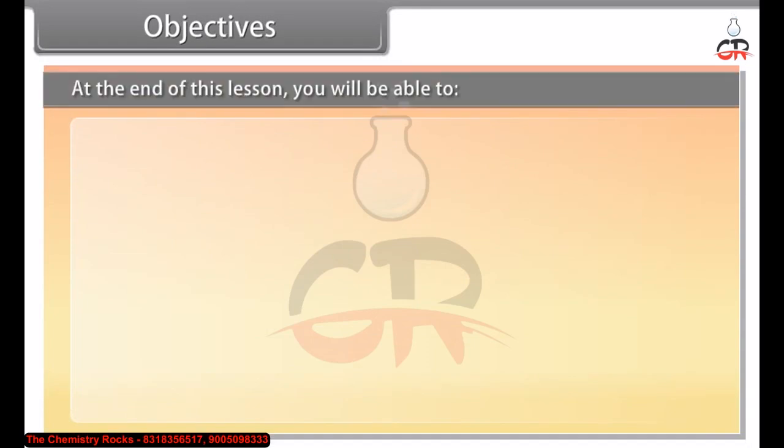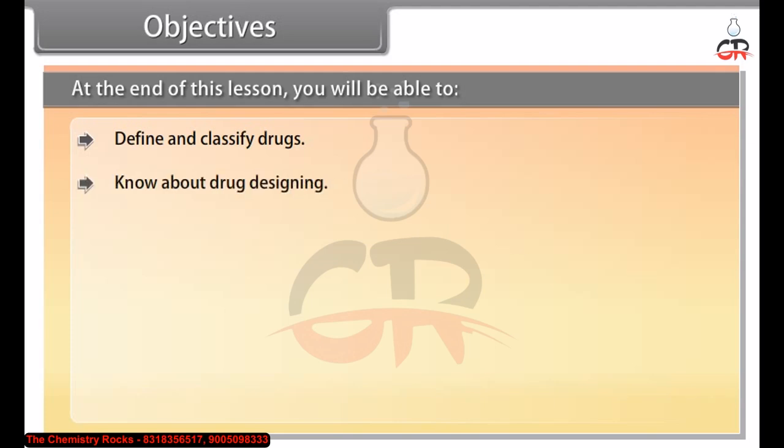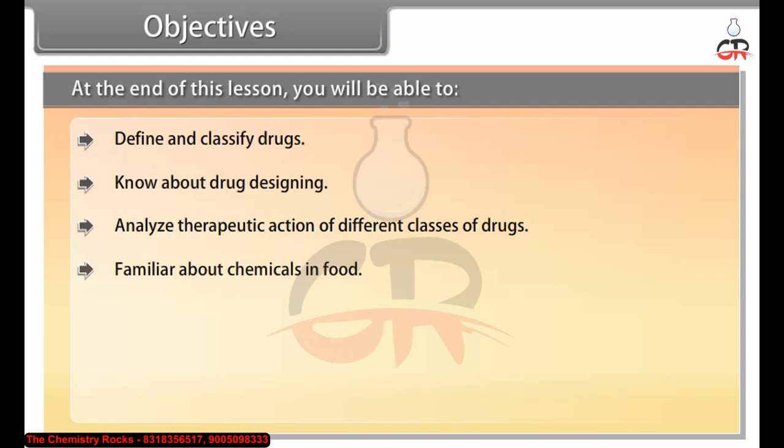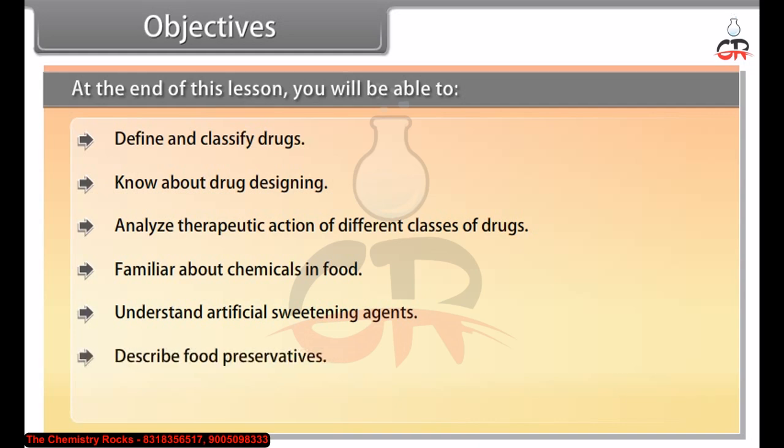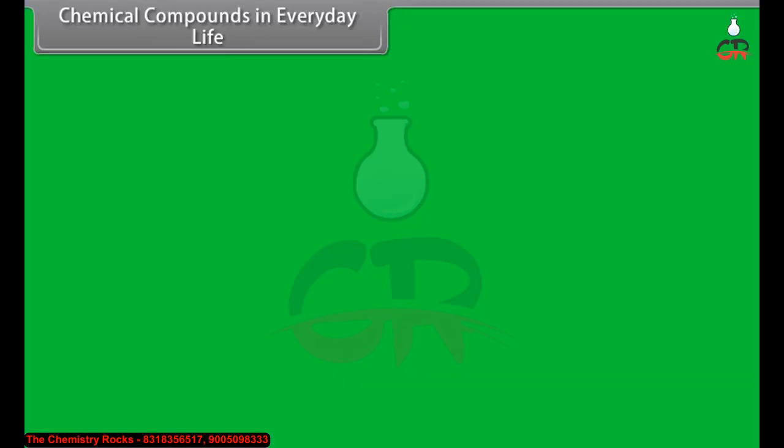At the end of this lesson, you will be able to define and classify drugs, know about drug designing, analyze therapeutic action of different classes of drugs, become familiar with chemicals in food, understand artificial sweetening agents, describe food preservatives, and define and classify soaps and detergents.